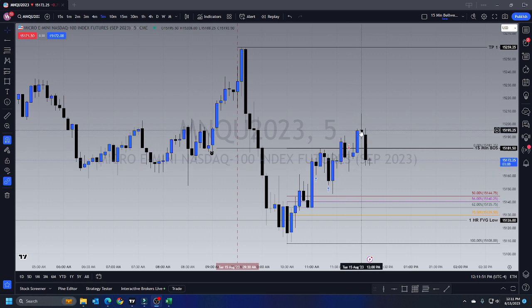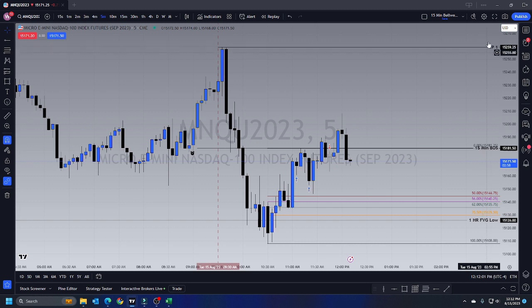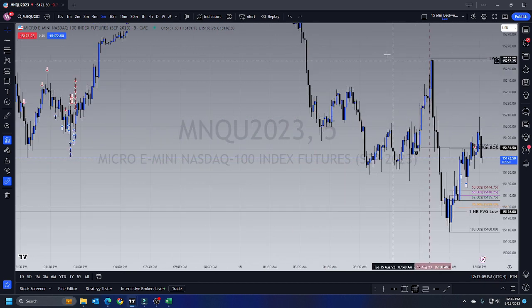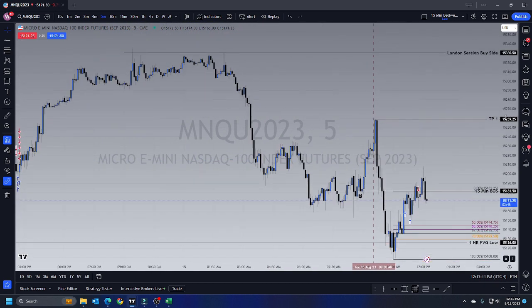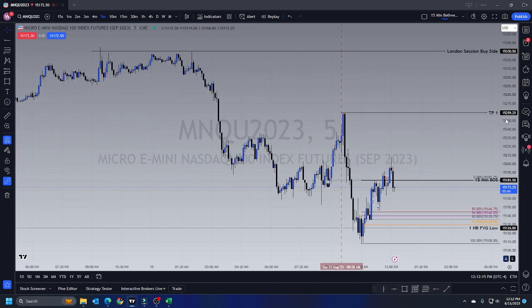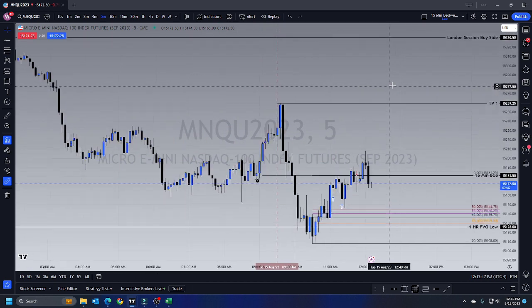We eventually got a break of structure on the 15-minute, so we'll track this afternoon and kind of see where we ended up to see if we would have hit our take profit 1, which is up here, and then our final take profit, which is all the way up at the top, which is our London session buy side, way up here at 15,330, would have been our final take profit, okay?